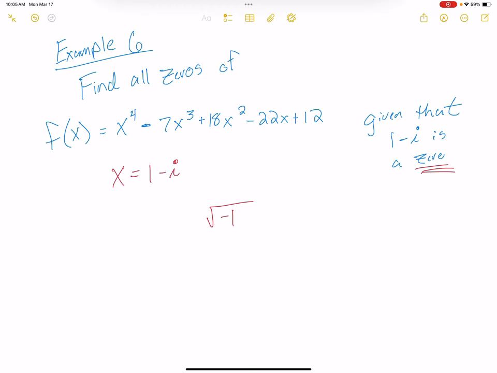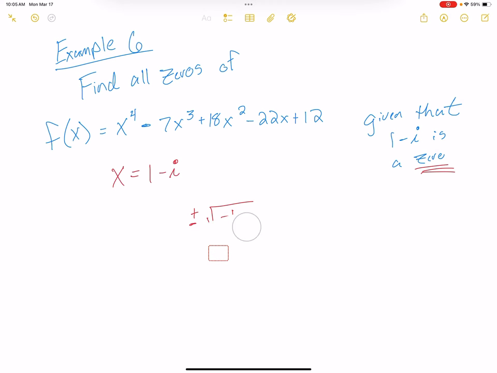Anytime you create a square root, there's a plus and a minus. So we're going to have conjugates, meaning there's one with a positive and one with a negative. Normally if we say x equals a, then we'd also have x equals -a.